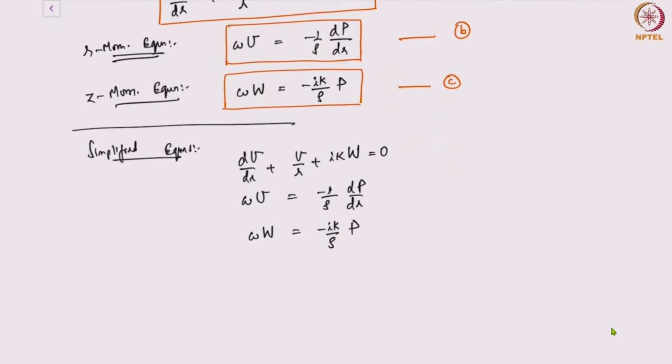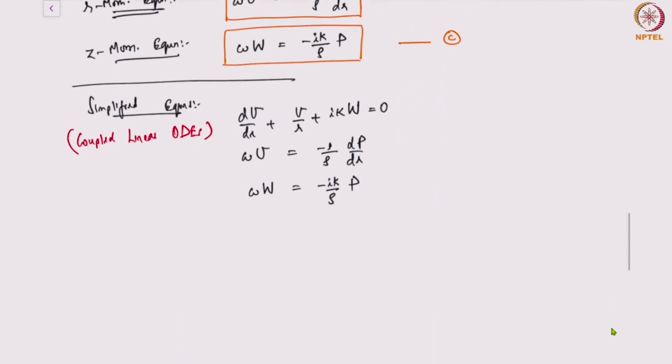What kind of equations are these? These are coupled linear ODEs. If you remember the lecture on the stability analysis, I said from the linearized equations, when we substitute the normal mode form, what we get are ordinary differential equations, or coupled ordinary differential equations. That's exactly what we have got.